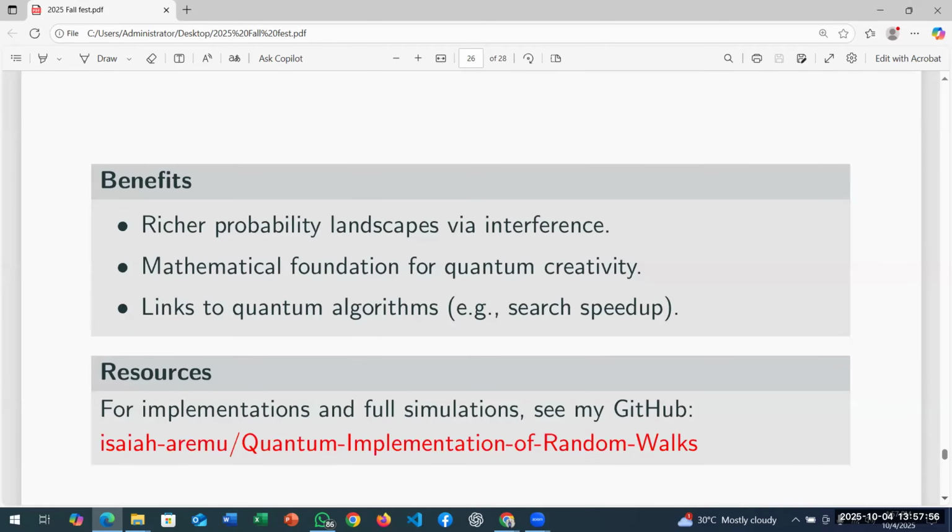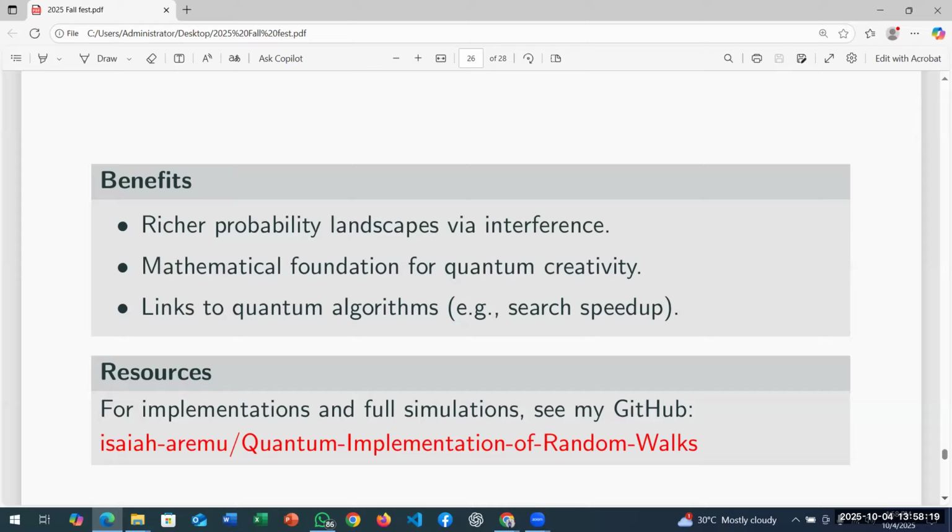So to conclude my talk this afternoon, we have seen the mathematical foundation for quantum creativity, given by Szegedy and quantum walk.